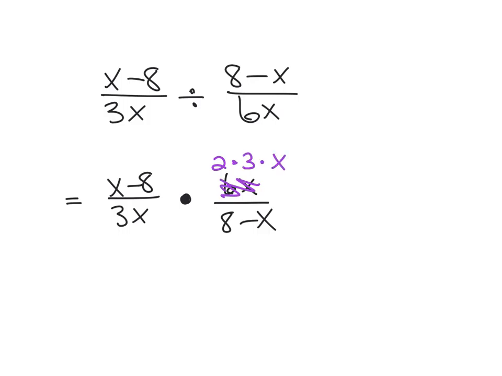So I've replaced the 6x with the expanded form of it. And by doing that, it allows us to see that we have 3x and 3x. That's a common factor. Technically, it's 3 and 3 cancel out, and then the x and the x cancel out, or you could just lump it all in one step. It's up to you.